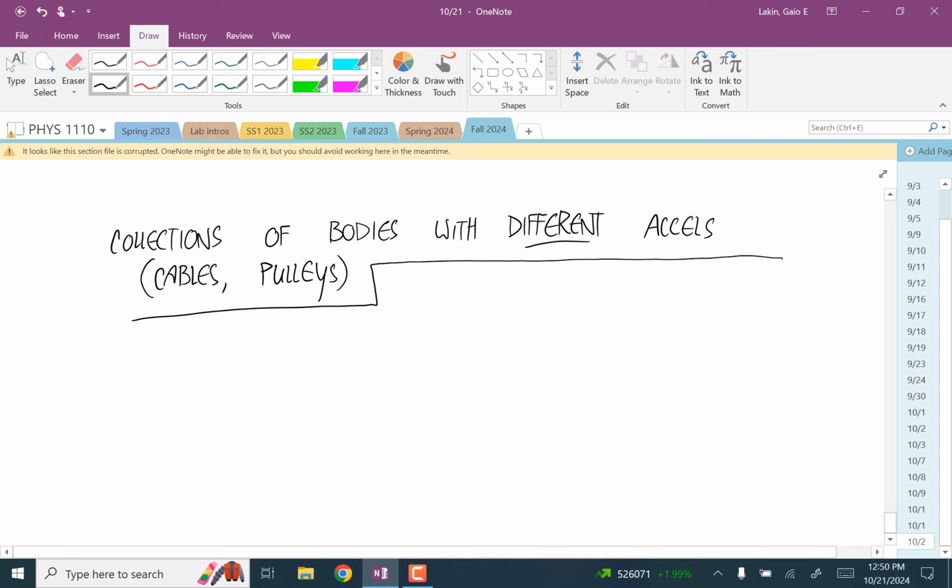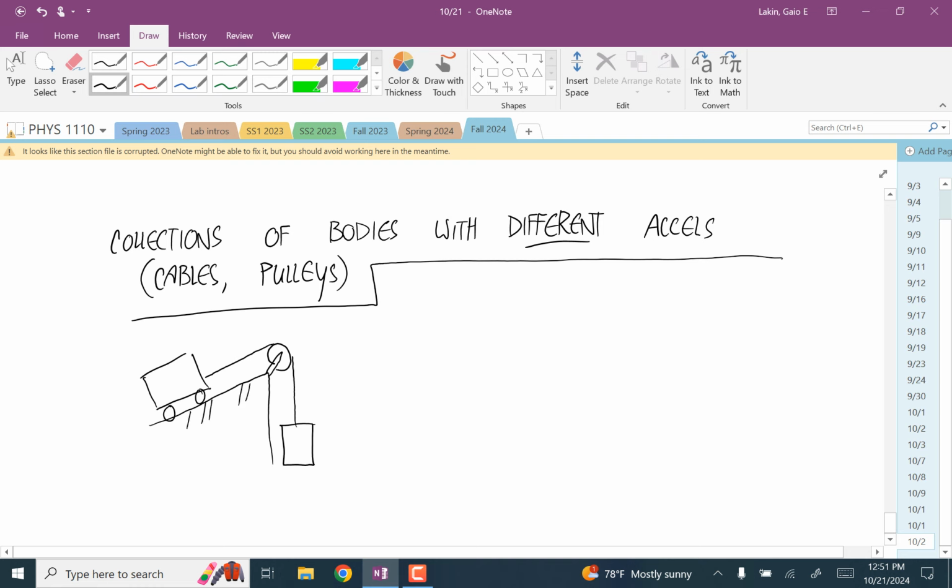And so, an example of this would be you could have a body here on an incline connected by a cable to something like this.